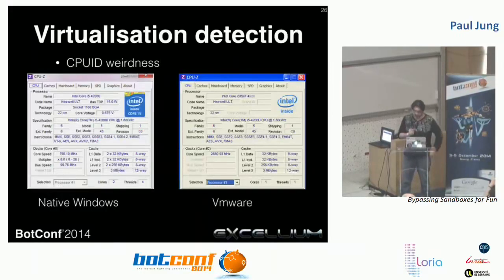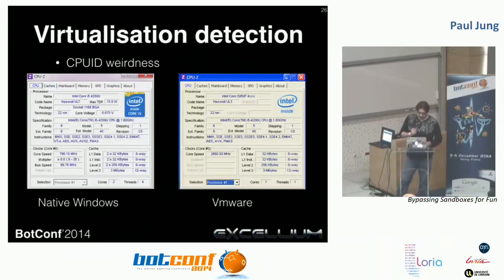Still using CPUID. On the left, you have normal Windows. On the right, you have the same CPUID tool giving you some information. As you see, there are some little changes, but it's not easy to detect. For example, on VMware, you have some changes in the instruction capabilities, but it's not easy. You have to build a table.